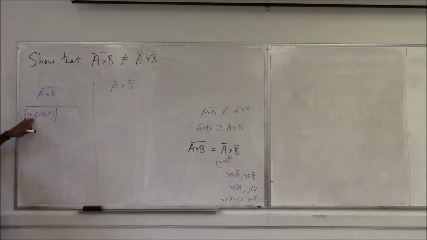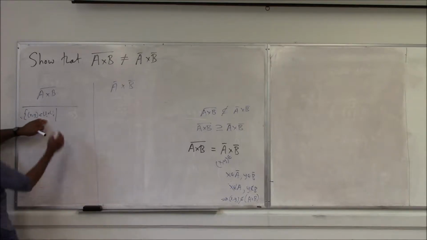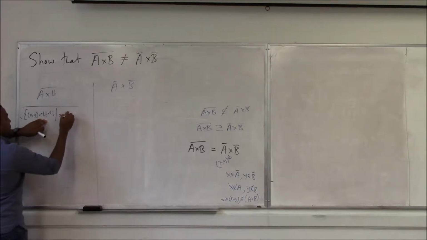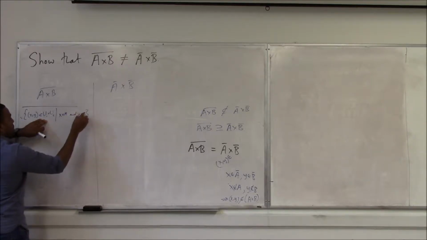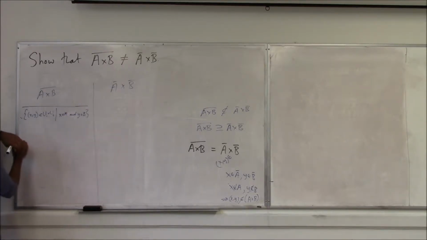So this is the set of all coordinates in this universal set such that x is in A and y is in B. And we're taking the complement of this.